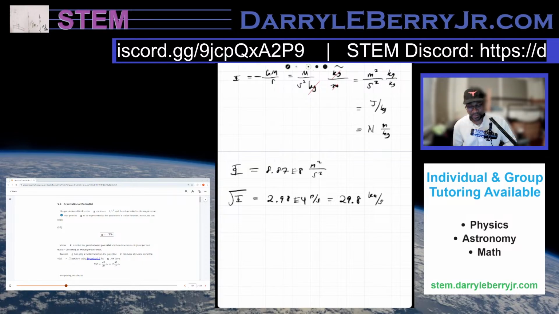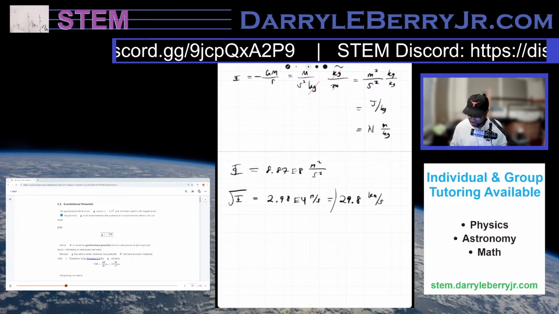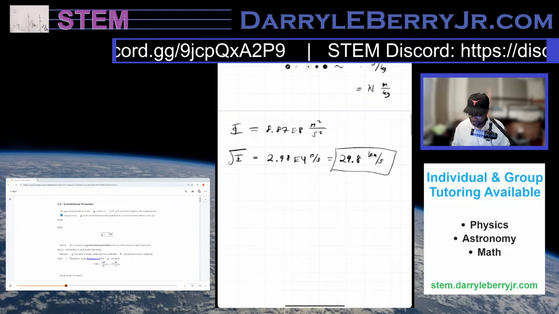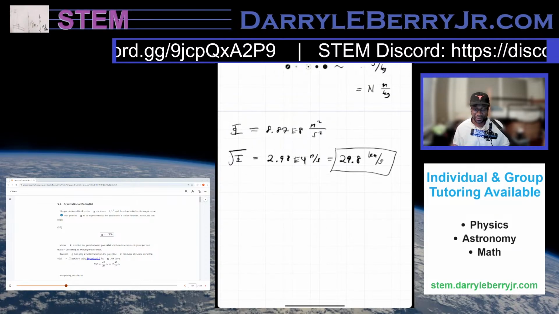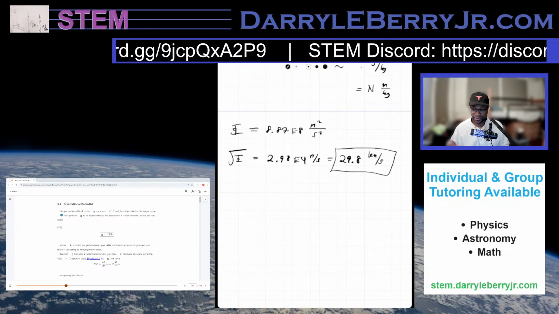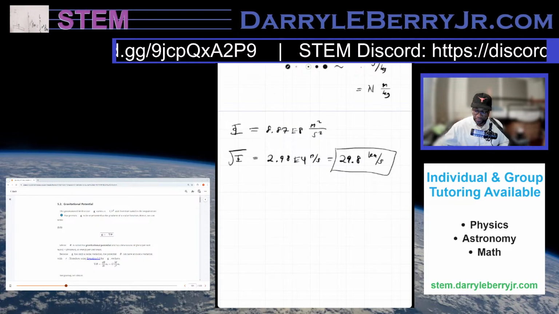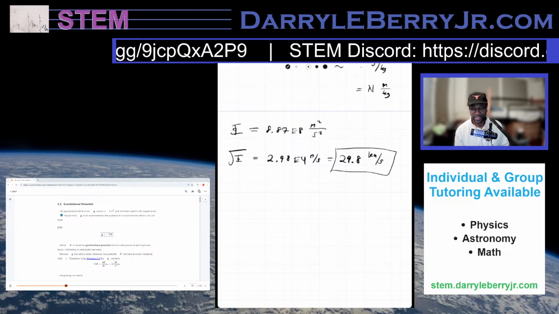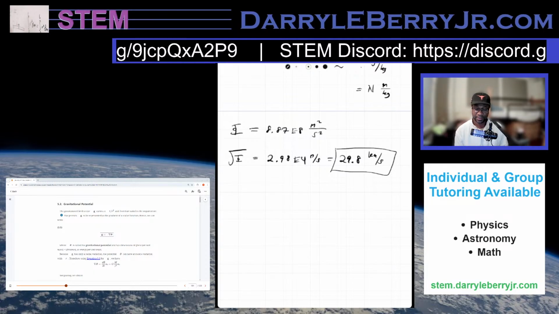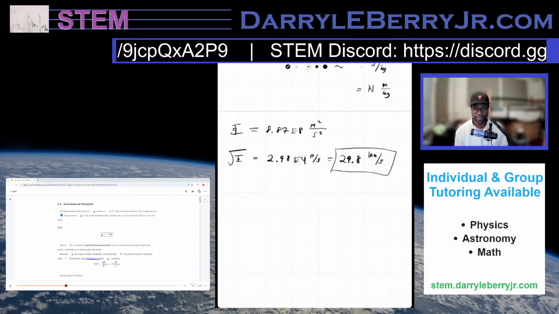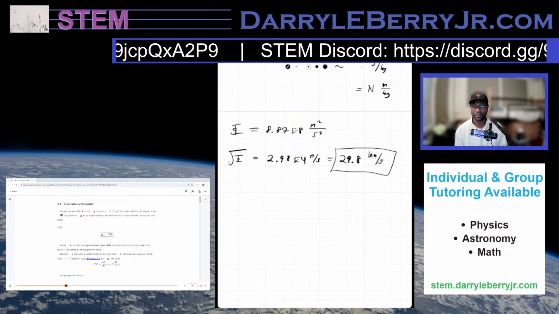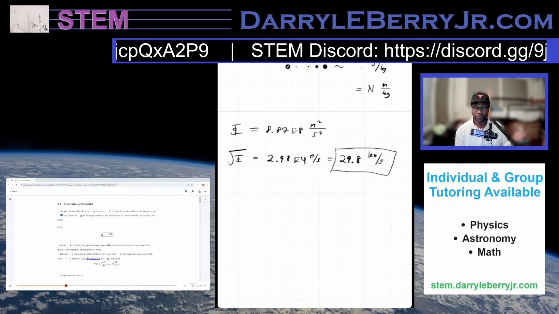And do you know what this is? This 29.8 kilometers per second is actually the speed of the Earth around the sun. So the gravitational potential energy actually gives us the natural orbital speed at that gravitational potential energy.